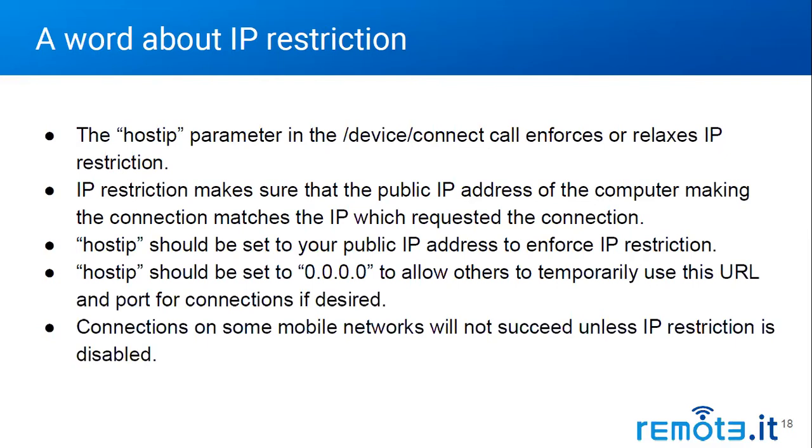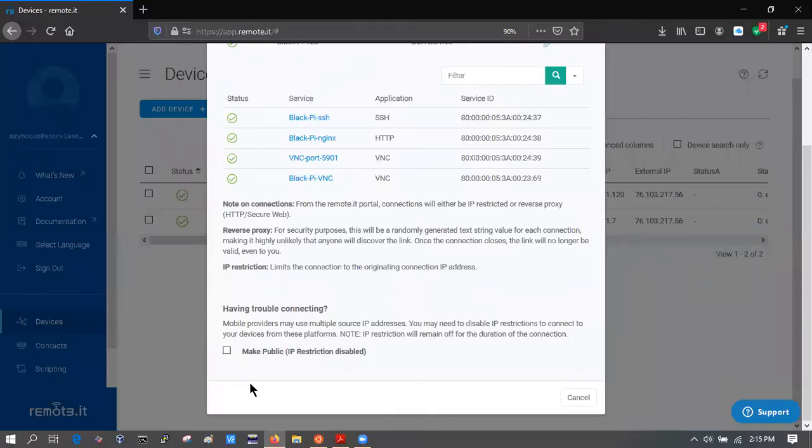And this host IP should be set to your public IP address to enforce IP restriction, or it should be set to 0.0.0.0 to allow others to temporarily use this URL and port for connections if desired. So that's the option in the web portal, as I showed you before, that makes this public and allows this to be shared for the life of the proxy. Now, connections on some mobile network at the client side especially will not succeed unless IP restriction is disabled. There's a technical issue with certain mobile networks.